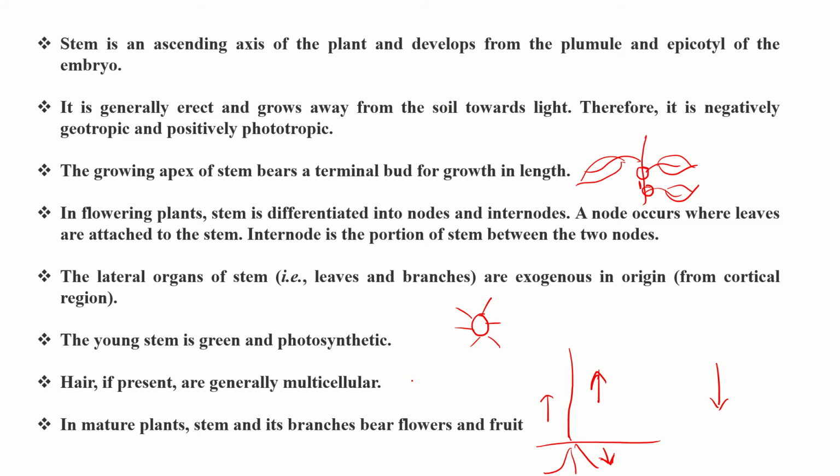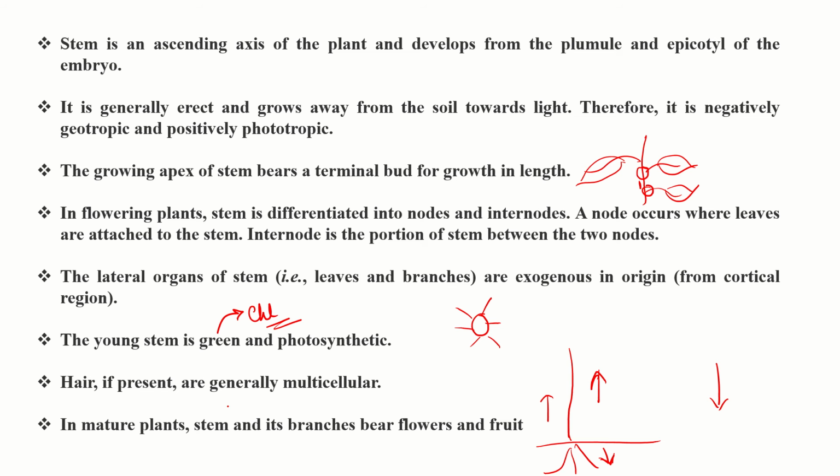The lateral organs of the stem, that is leaves and branches, are exogenous in origin, that is they originate from the cortical region. The young stem is green and photosynthetic. Why is it green? Because it contains chlorophyll. Due to the presence of chlorophyll, it is green in color.